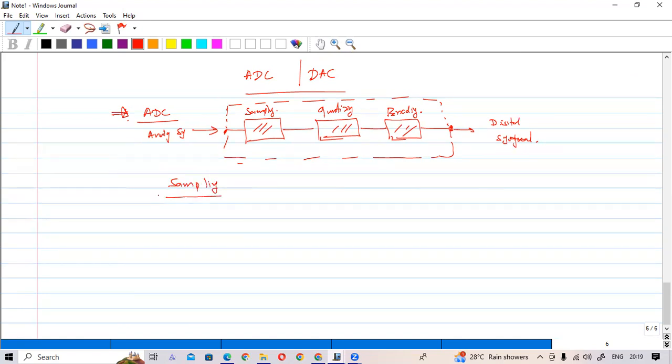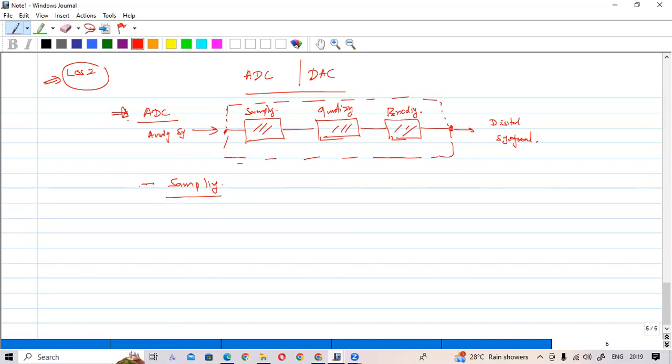Actually, most of the weightage will be on sampling. We are learning LO2 now, learning outcome 2, I already told you. So the first step of analog to digital conversion is sampling.